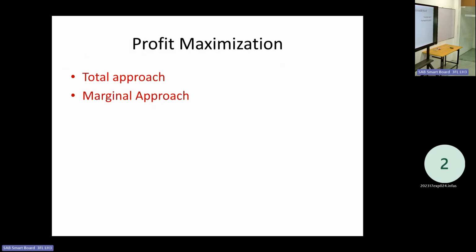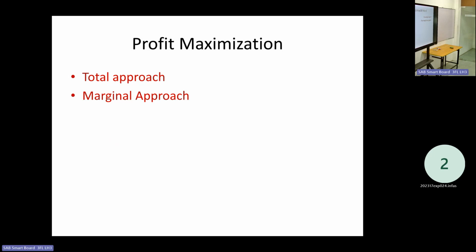So then we talk about profit maximization. This is always the underlying objective we talk about, the profit motive.